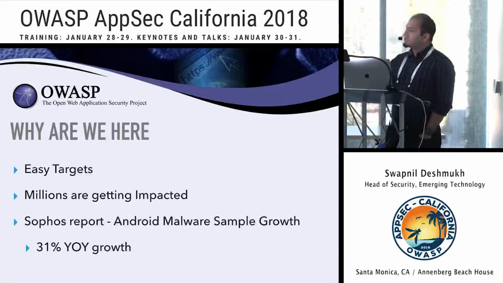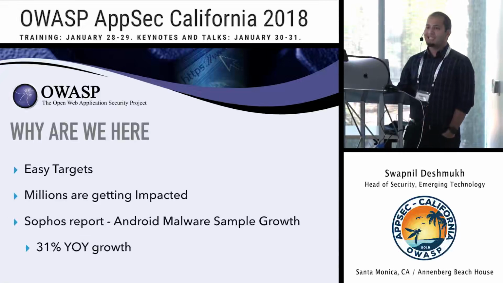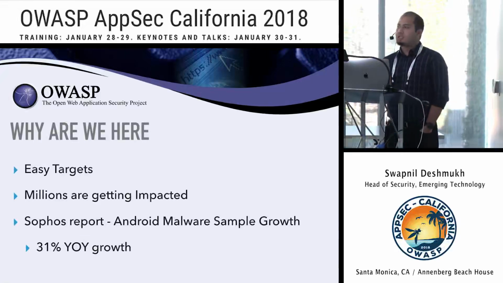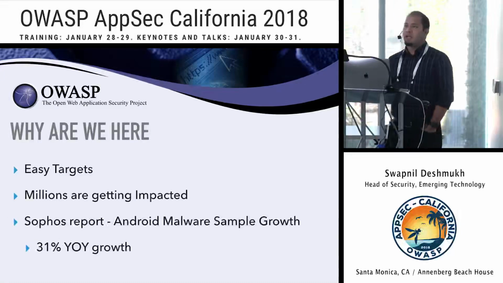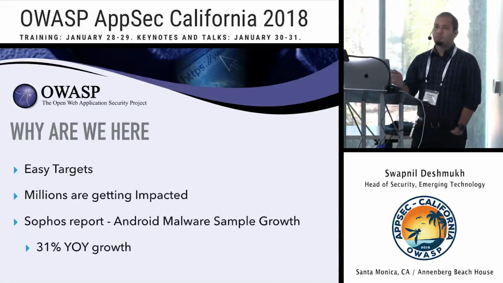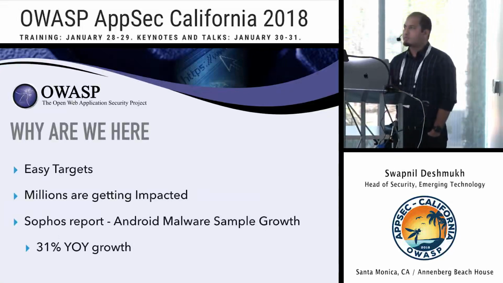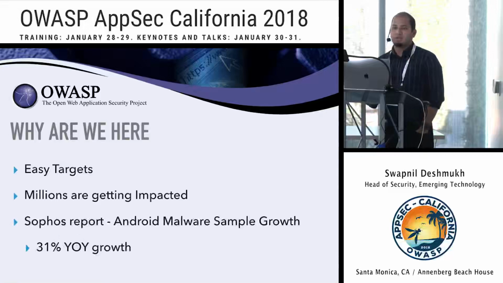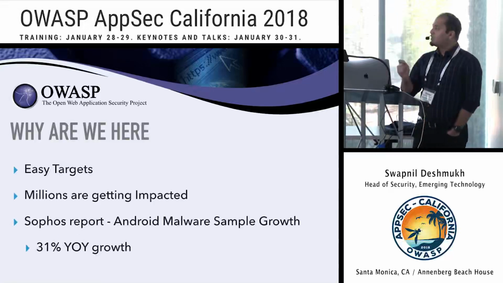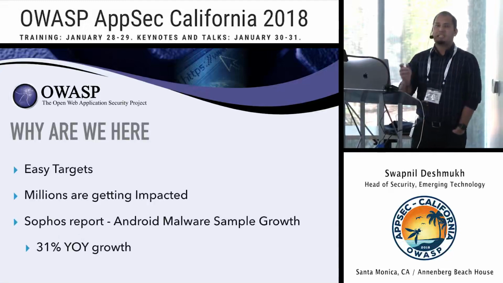In fact, there was a report from Sophos that stated that 1 in 3 applications installed in 2017 from an Android app store was malicious. To some degree, it will collect our user data, or it could be ransomware. Imagine, 1 in 3 applications that we installed in 2017 can be malicious.